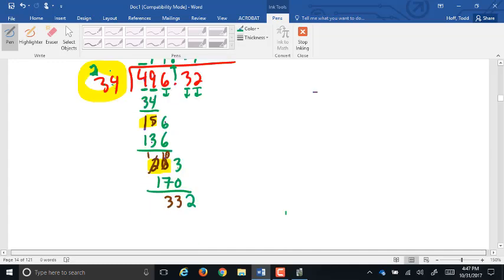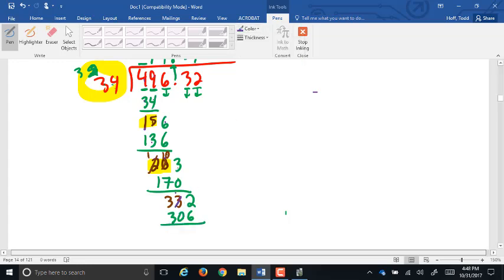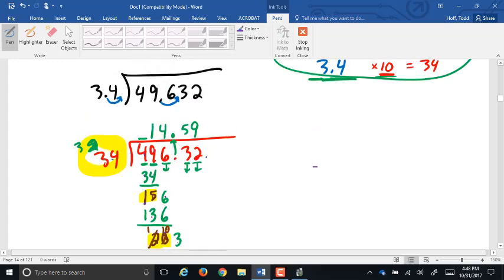Well, 9 times 4 is 36. That's 6, carry the 3. 9 times 3 is 27, plus 3 is 30. We're going to subtract here. Borrow, this is a 2, and this will be 12. 12 minus 6 is 6. 2 minus 0 is 2. That's 26. Now we're out of numbers here.